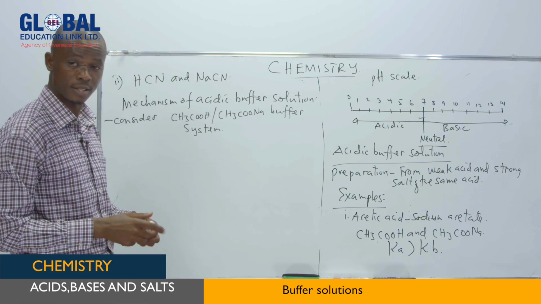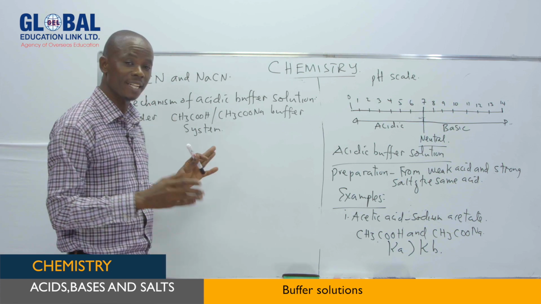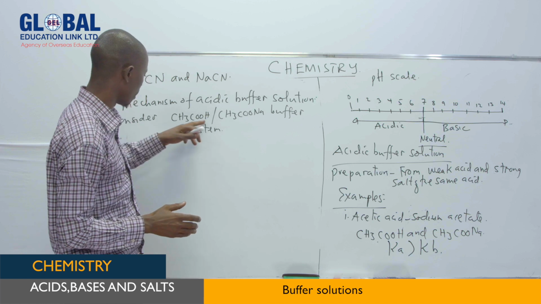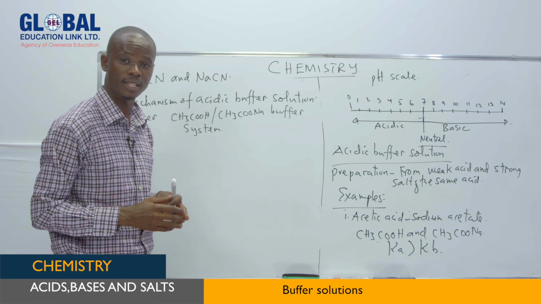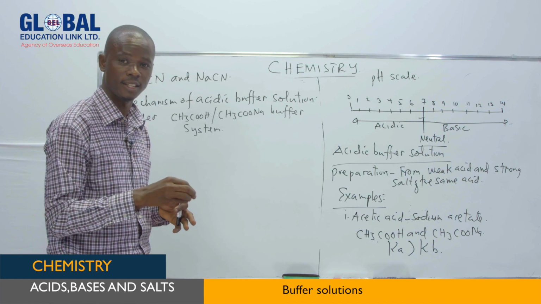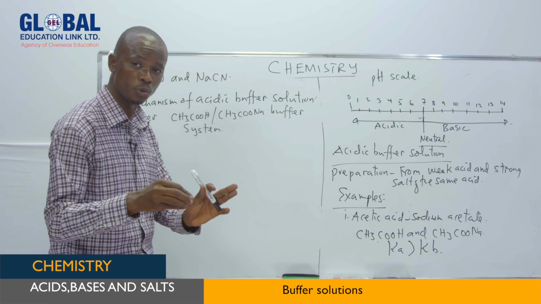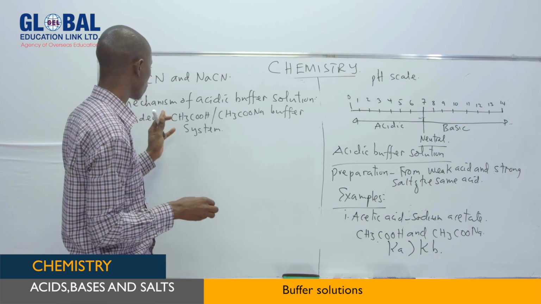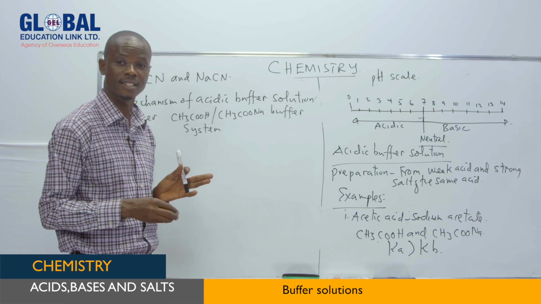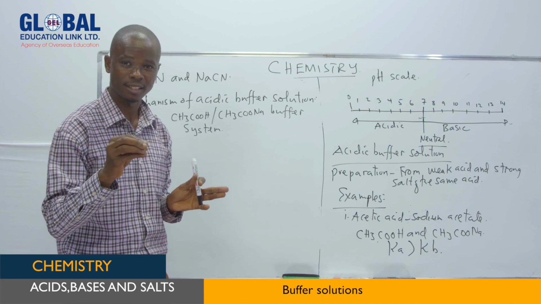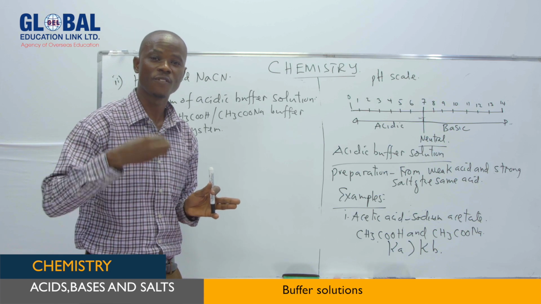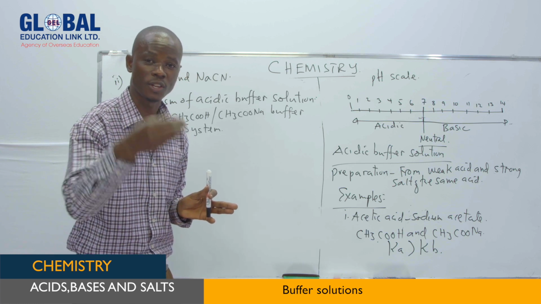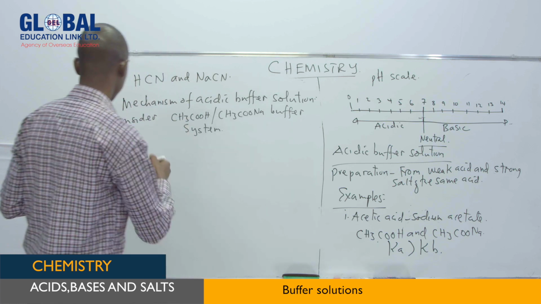Before addition of any salt, we have this acetic acid, which is the weak acid, first dissociates in the aqueous solution to produce few ions. But the dissociation of this weak acid is only partial. That means it gives a very small amount of ions in the solution because it is weak.